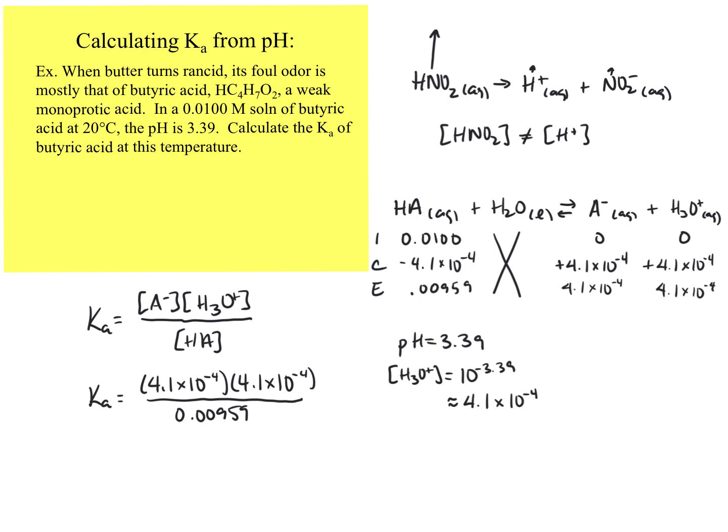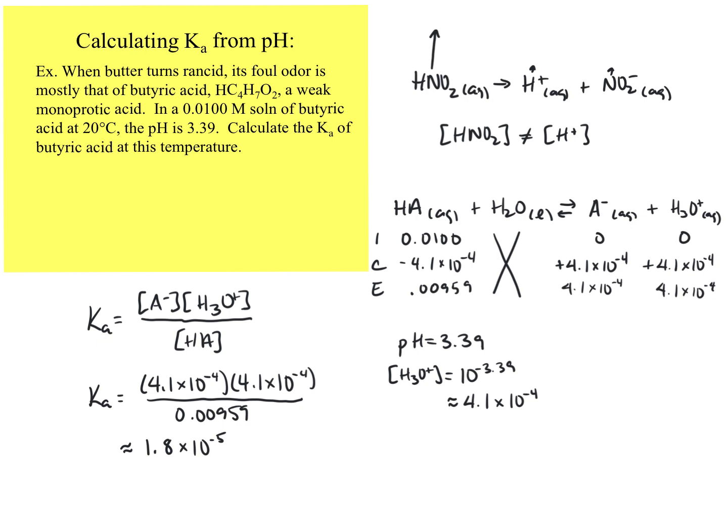You square the 4.1 times 10 to the negative 4, then divide by 0.00959, and that would give you approximately a Ka value of 1.75, so we'll say 1.8 times 10 to the negative 5. Again, that Ka value is much smaller than 1, which indicates that butyric acid must be a weak acid as stated in the problem.